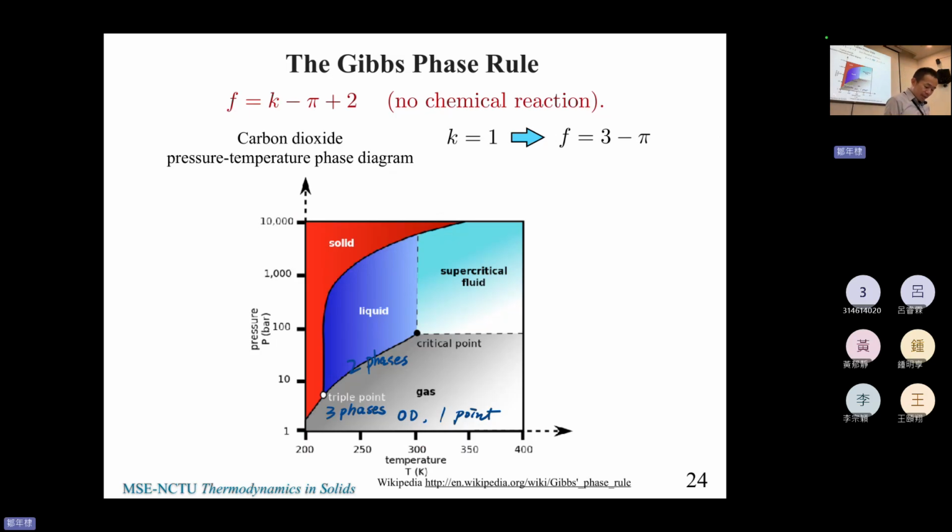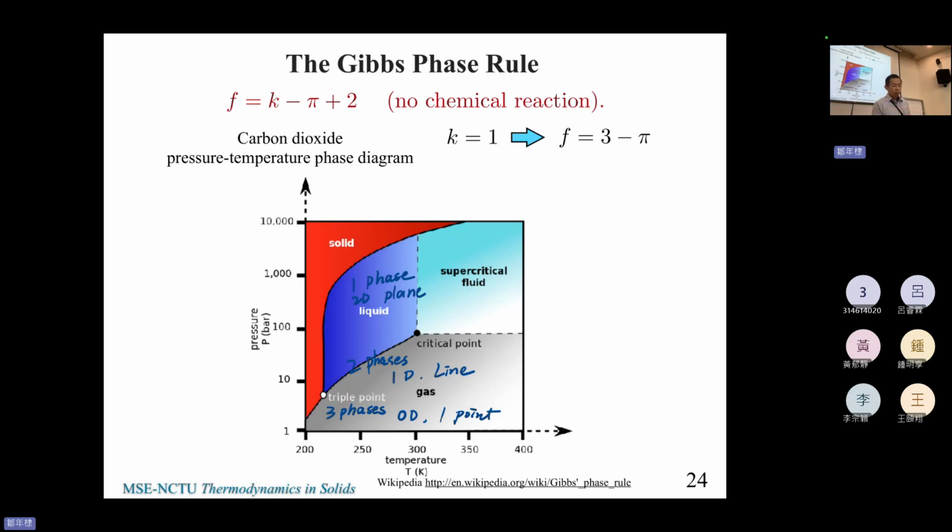So it's 1D, it's a line. If you only have 1 phase, such as the liquid phase, pi equals 1, so 3 minus 1 equals 2. So it's 2 degrees of freedom, a 2D plane.